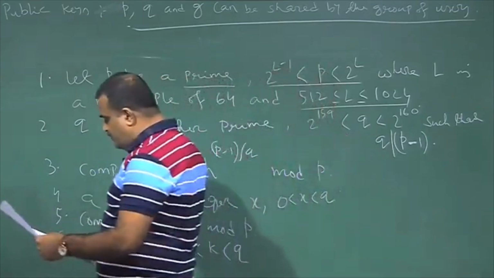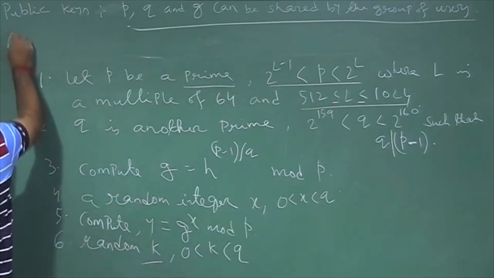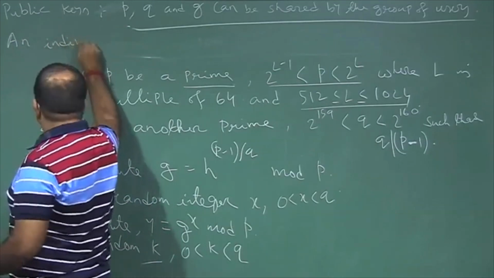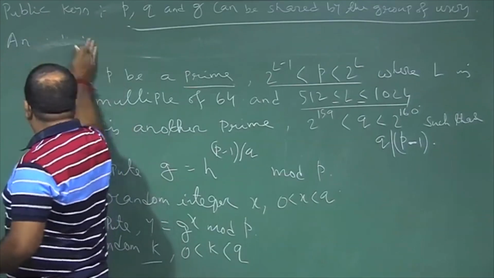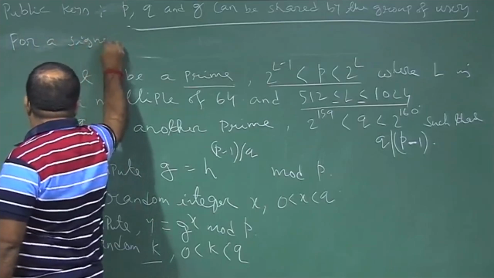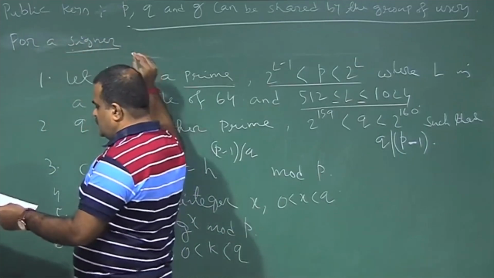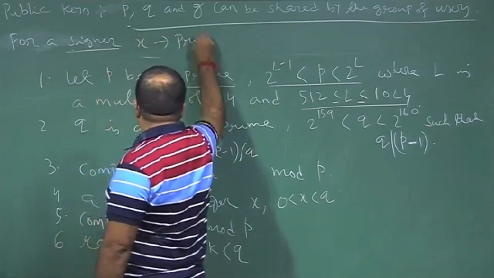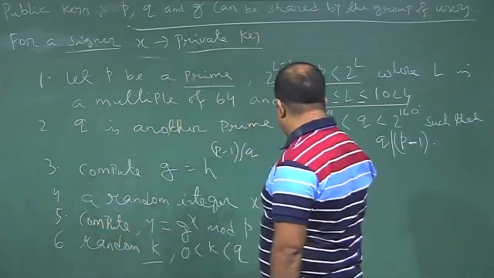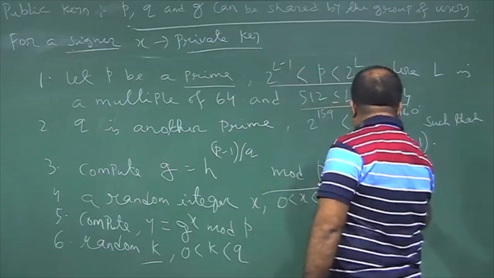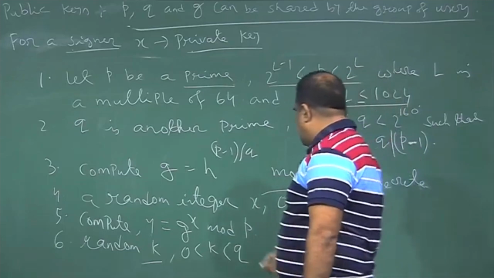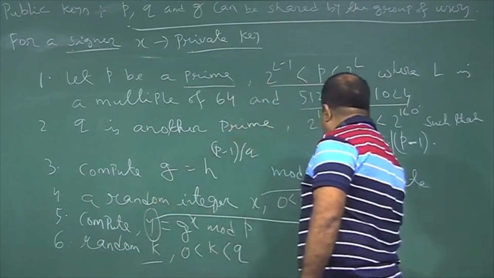Okay. But for an individual user who is signing, basically the signing user, X is the private key or the secret key of the signer, and Y is the public key.